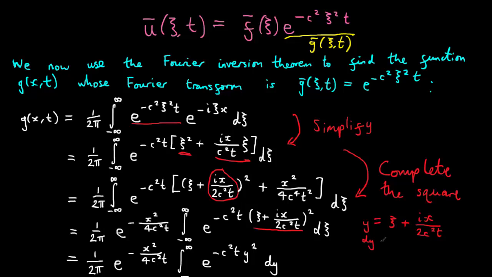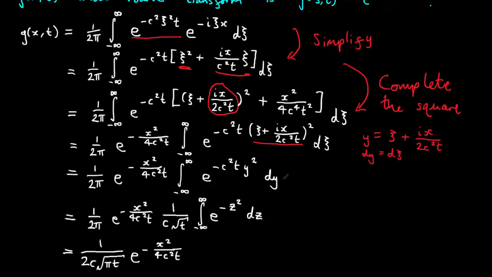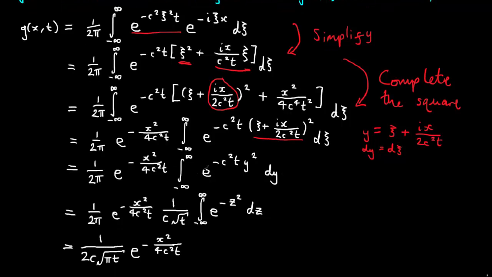Okay, that means that dy is exactly d psi. And so if we make that substitution, we're going to get this expression here. So the integral becomes the integral from minus infinity to infinity, e to the minus c squared t, and then we've had the bracket squared before, now we've got y squared.